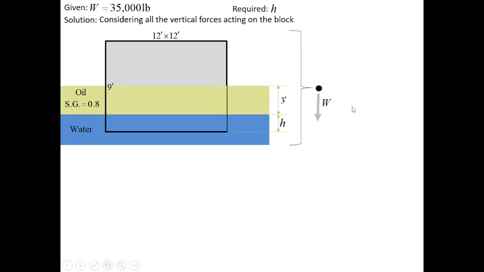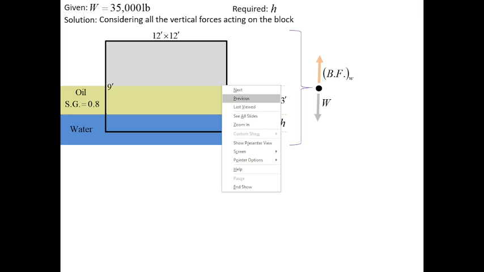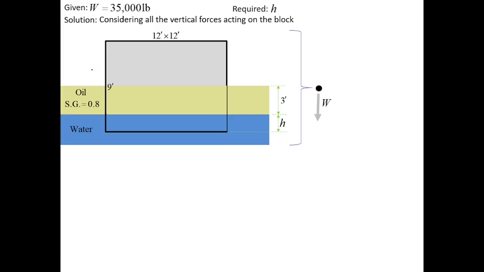No? Ano lahat ng forces acting on the block? First, we have the weight of the block. No? The weight of the block. Itong block na yan. Okay? Okay, so consider natin yung weight niya. Tapos, meron kang buoyant force due to water. No? There's buoyant force due to water.